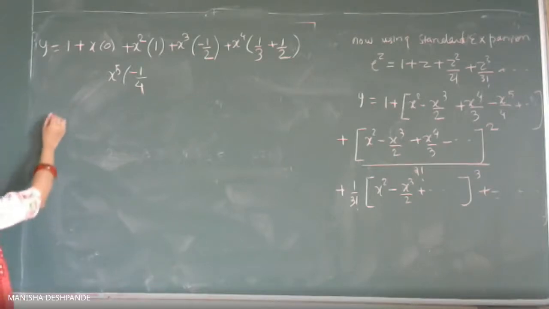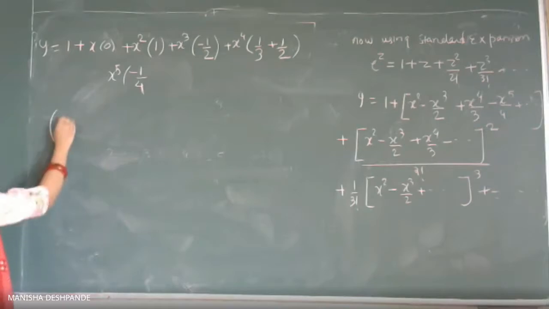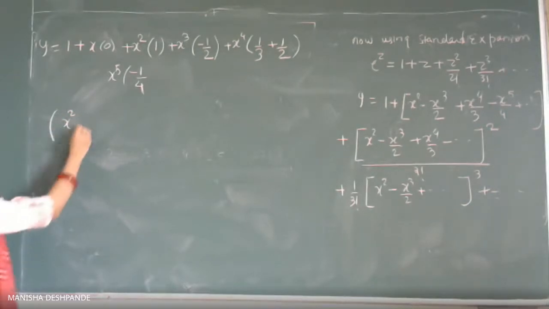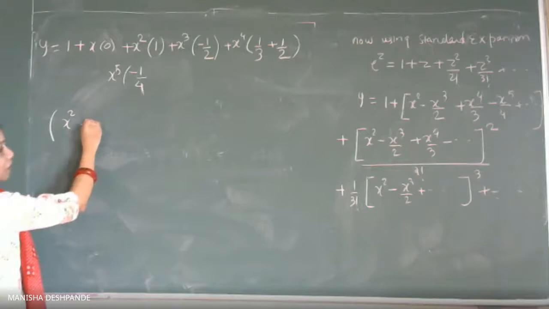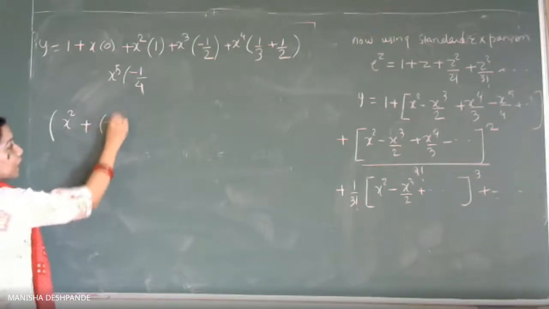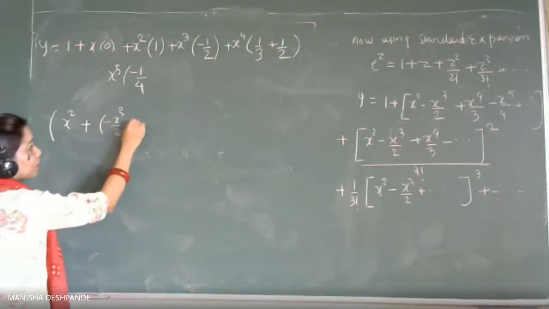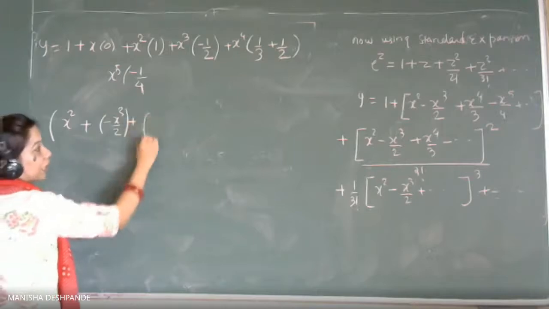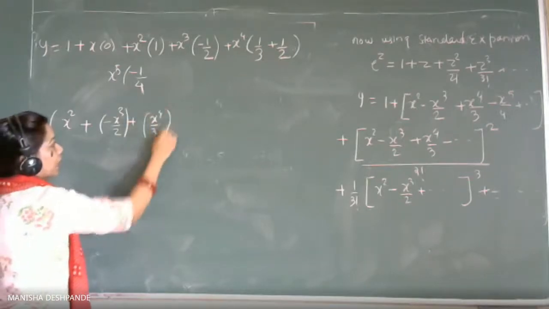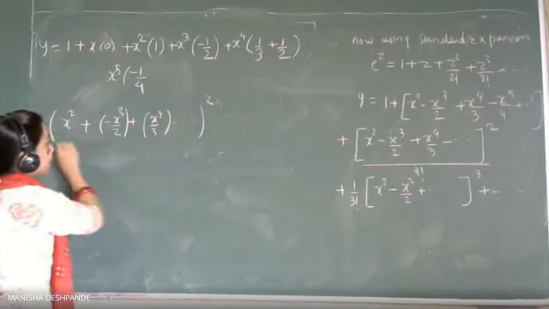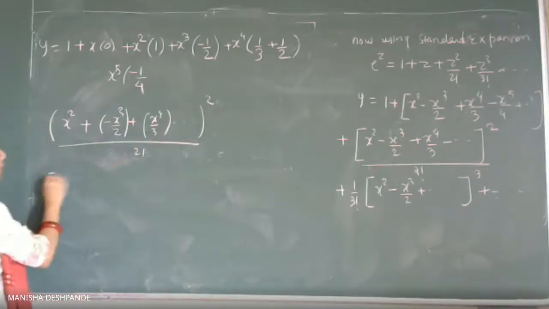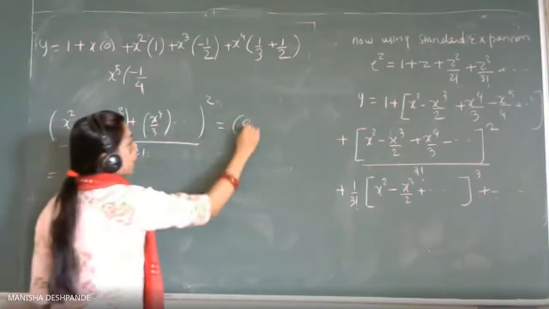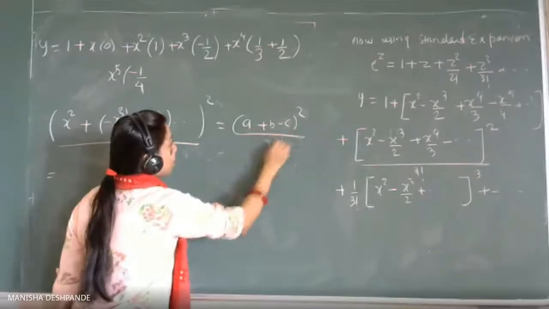I will write x square minus, or I will write plus, minus x cube by 2 plus x raised to 4 by 3 and so on, square divided by 2 factorial. Okay. This is of the type, compare this with a plus b minus c dot upon dot plus dot upon 2 factorial.